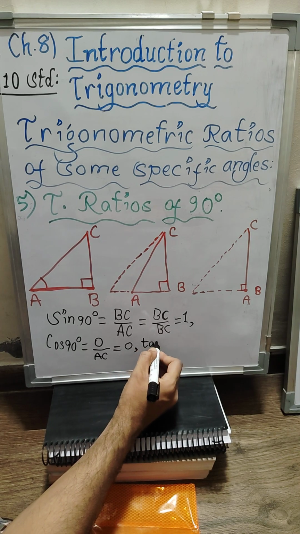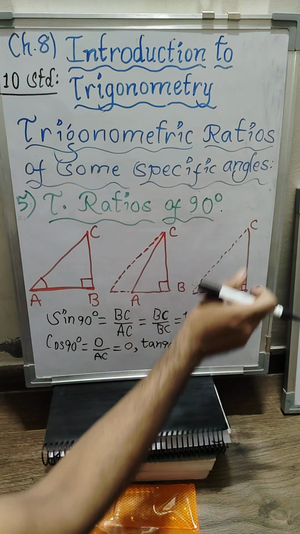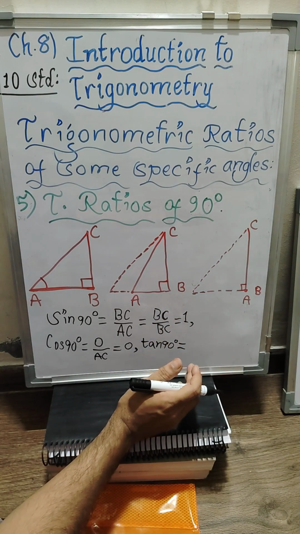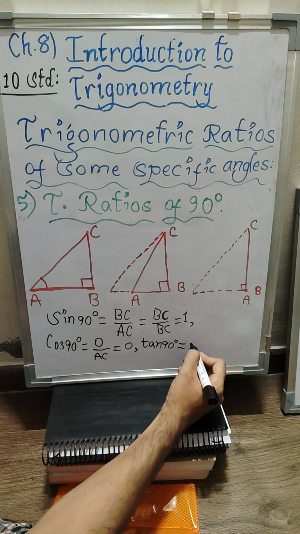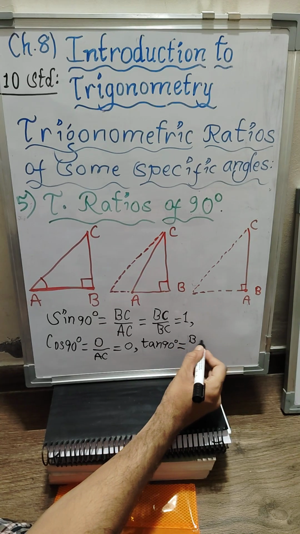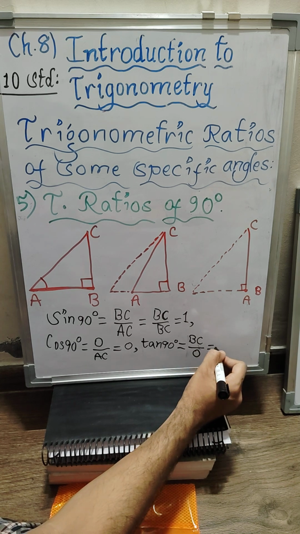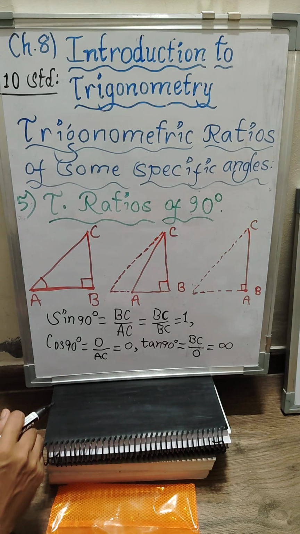Similarly tan 90 degrees, opposite by adjacent. So adjacent is becoming 0 here. Opposite is BC here, BC by adjacent AB which is becoming 0. So this is taken as undefined, or else infinity symbol we can write.